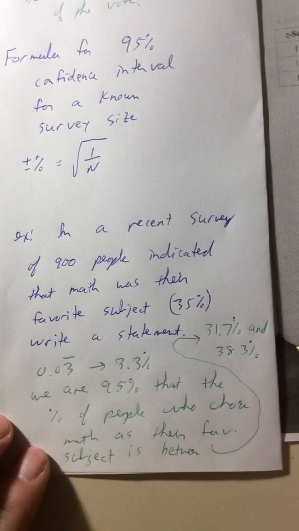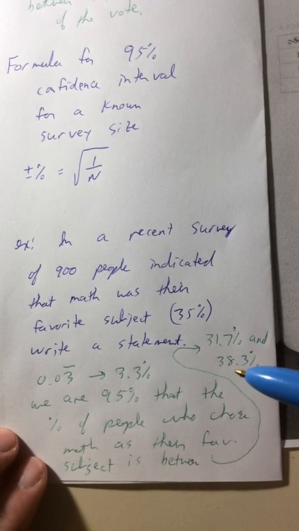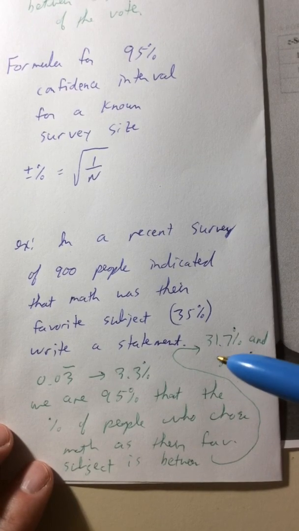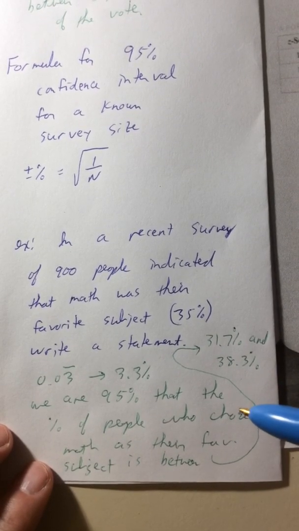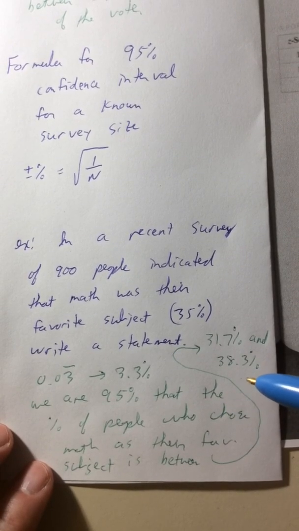So again, because we took a survey, we didn't ask everybody, but we asked a sample of people. We asked 900 people. And so that's why we don't have exact accuracy here. But we can be 95% certain that somewhere between 31.7 and 38.3% of the people are certain that math is their favorite subject.